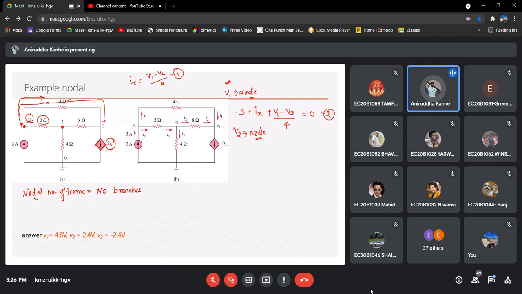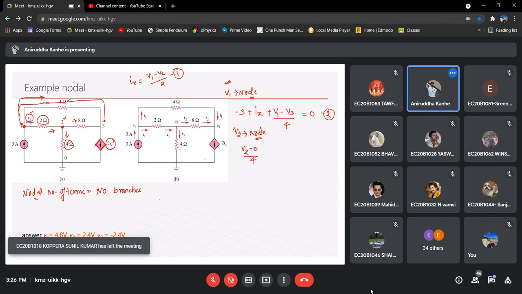So this current is already mentioned to you. With respect to node 2, it is inward. The rest we will consider outward current. So one can quickly write (V2 minus 0) divided by 4, that is for this, plus (V2 minus V3) divided by 8.